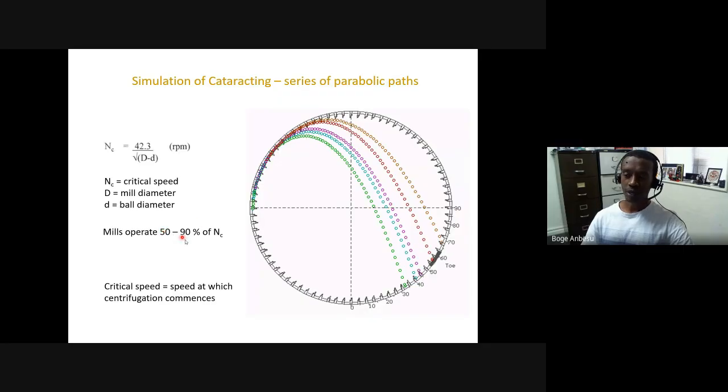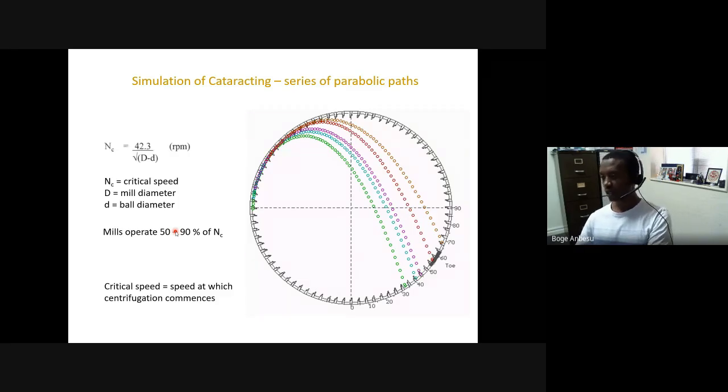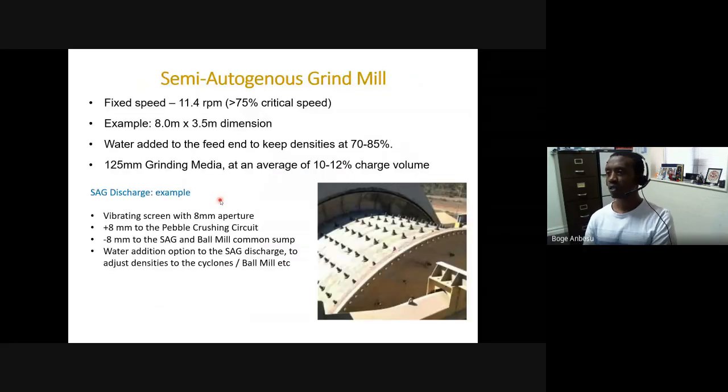If you're using a SAG mill, we work at the higher end of the critical speed. Okay, ball mill, usually somewhere in between. And that's again to do with avoiding centrifugal force taking everything and sticking it to the wall, where now nothing happens even though you rotate it. So always mills are operated at a certain fraction of the critical speed.